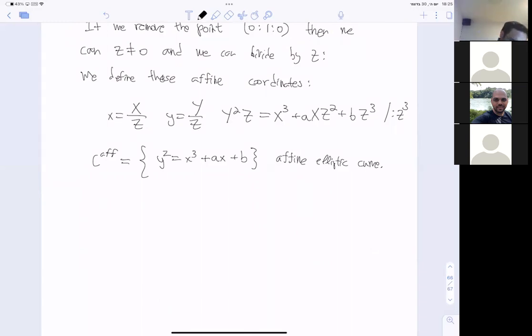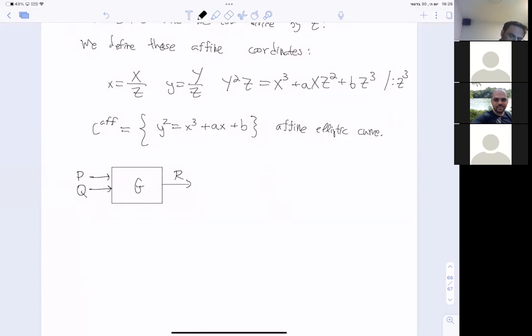We want to have some group structure. A group structure means that we have two inputs, say P and Q, and one output of the same kind.